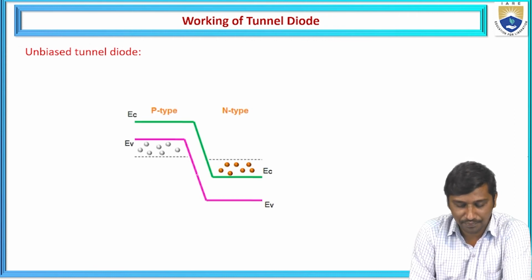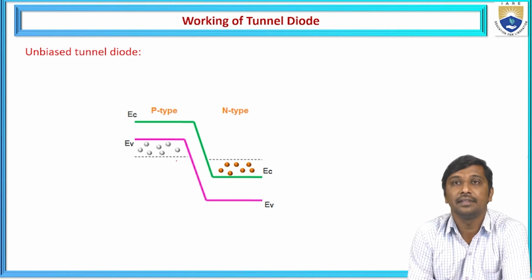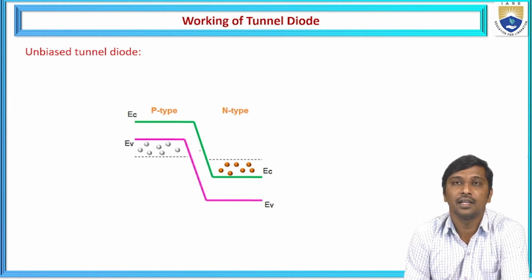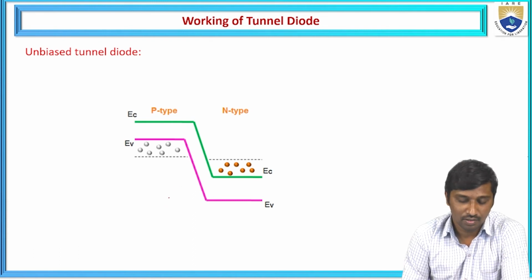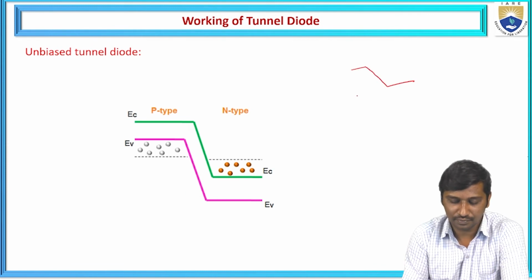Let us consider this is the Fermi level. The dashed line indicates the Fermi level, and above the Fermi level we have the conduction band, and below the Fermi level we have the valency band. If it is a normal PN junction diode, it shows like this.